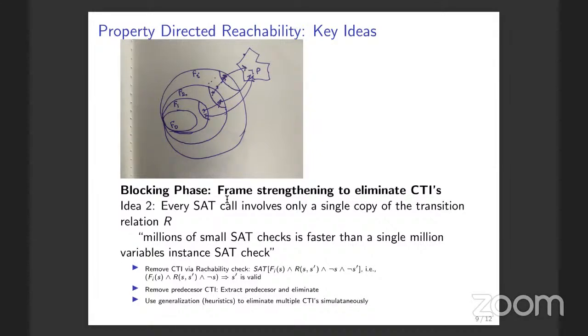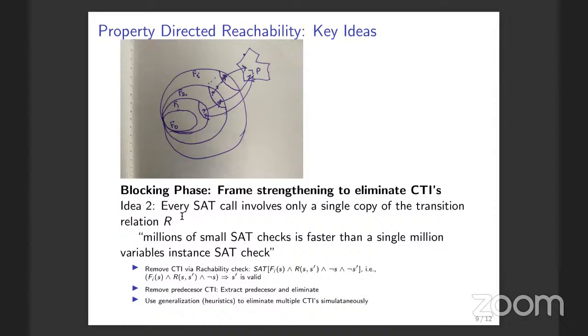The algorithm has a blocking phase and a forward propagating phase. The blocking phase does what is called frame strengthening to eliminate counterexamples to induction of longer and longer lengths.